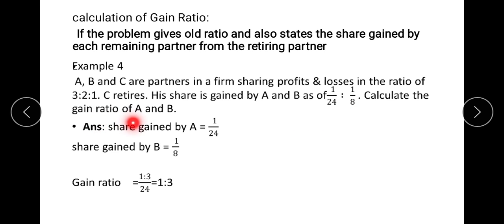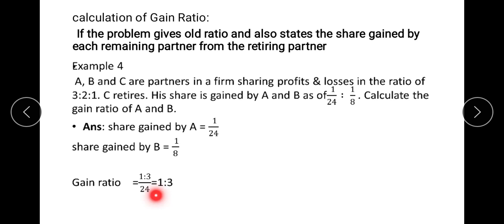Calculate the gain ratio of A and B. Here share gained by A is 1/24 and share gained by B is 1/8. So gain ratio is 1/24 to 1/8. If you take the common denominator, 24 will be the common denominator for 8 and 24.